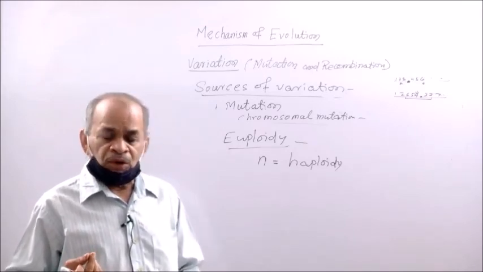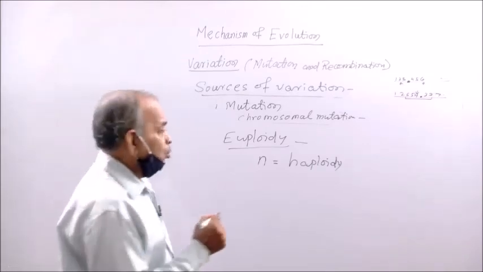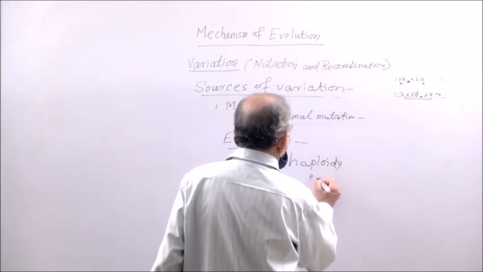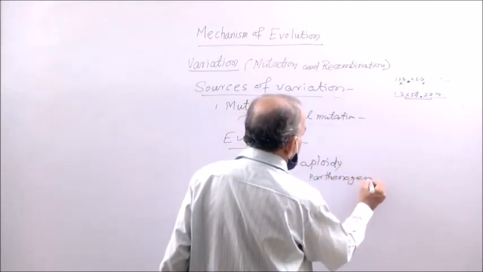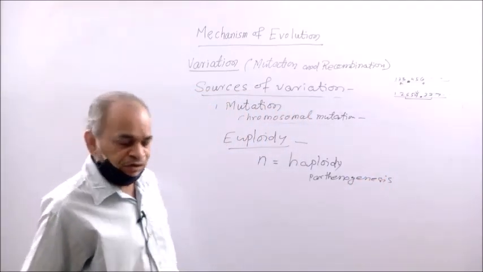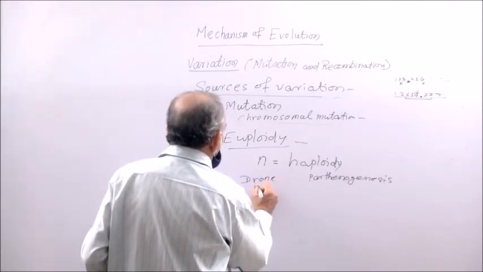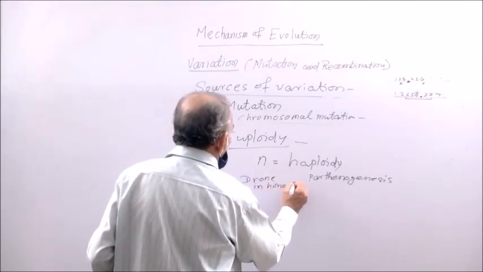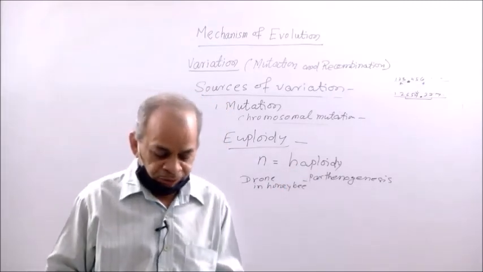Development from an unfertilized egg is known as parthenogenesis, that is development without fertilization. So the example is the drone in honeybee, that is haploid.